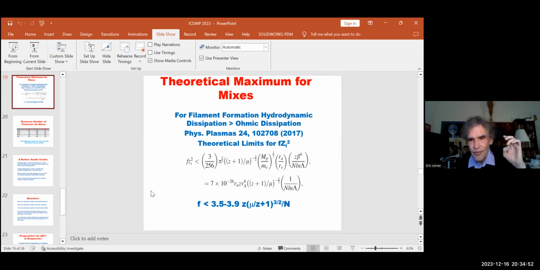But if the current per filament is sufficient that hydrodynamic and magnetodynamic dissipation is dominant, then minimum dissipation involves the formation of filaments. And filaments become the minimum dissipation configuration. So that depends on the current in the filament.